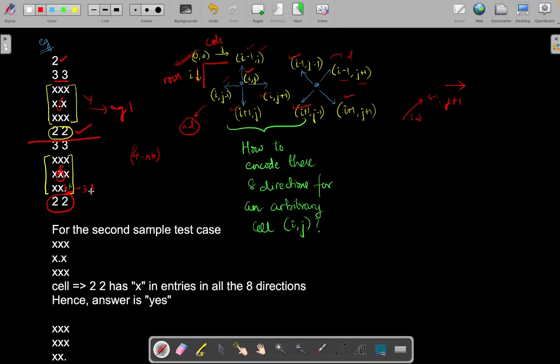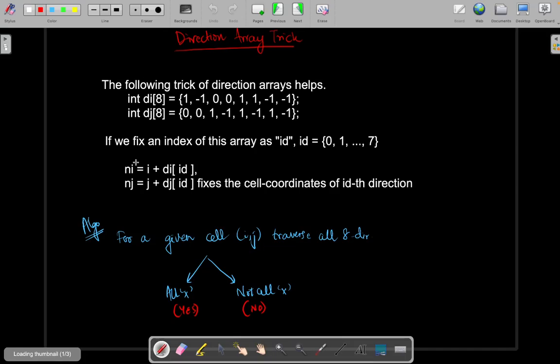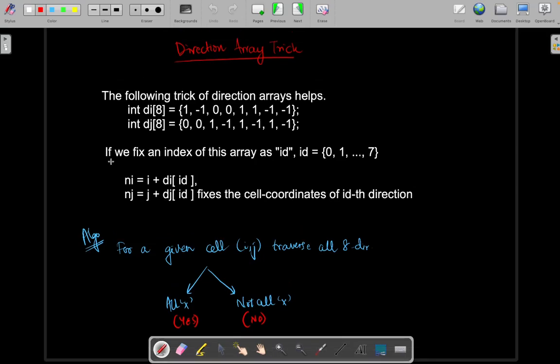Let's look at how we can implement this, and you can learn about this trick because it will come in handy in many grid-based questions in graph. Generally people write it as dx and dy.